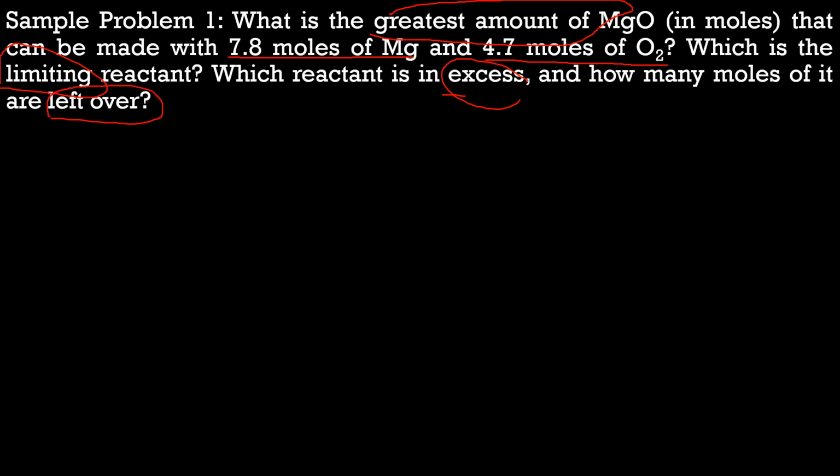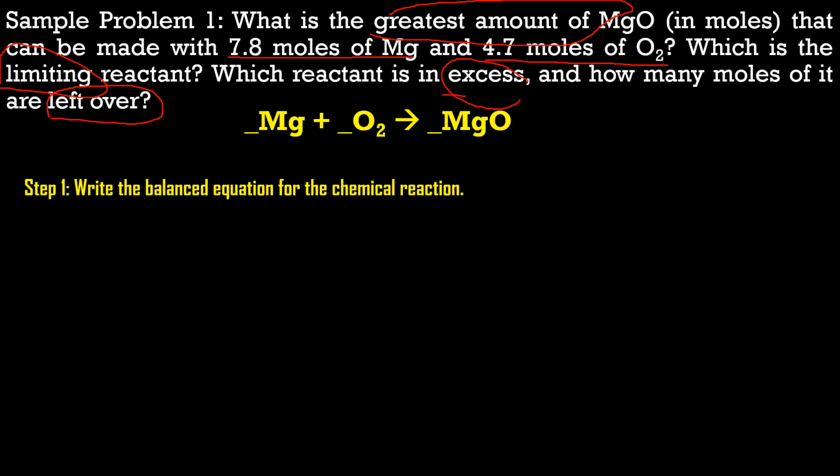If we try to analyze the given problem, we can derive now the chemical equation, which is magnesium plus oxygen gas yield to magnesium oxide. If we try to observe, the given chemical equation is unbalanced. That's why for step number 1, we need to write the balanced equation for the chemical reaction.